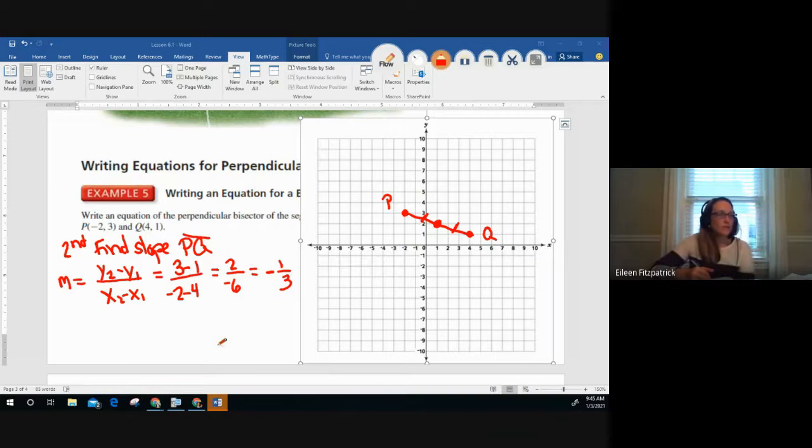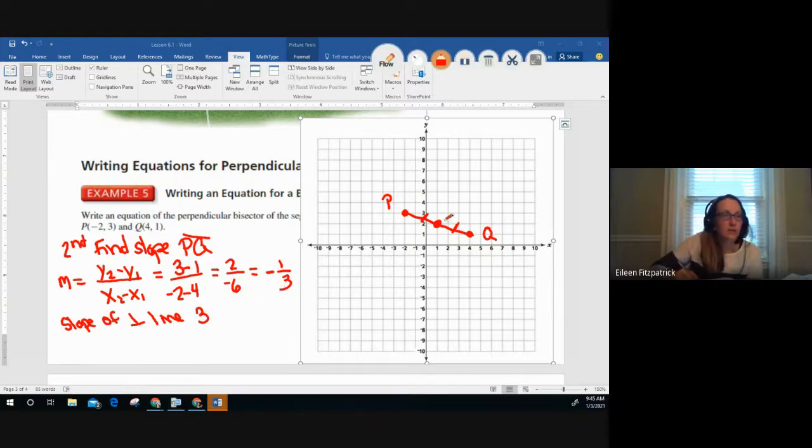So if the slope is negative 1/3 for line PQ, that means that for your perpendicular line, the slope is going to be a positive 3, right? Opposite, meaning if this is negative, your slope has to be positive. Reciprocal, flip the fraction.